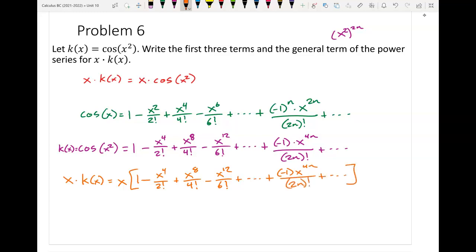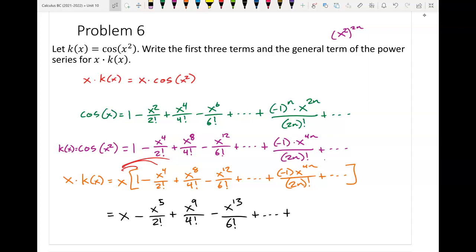And we would just distribute and multiply the x into everything. And so we'd get a final result of x minus, add 1 to each power, so that'd be x to the 5th over 2 factorial plus x to the 9th over 4 factorial minus x to the 13th over 6 factorial plus dot dot dot.